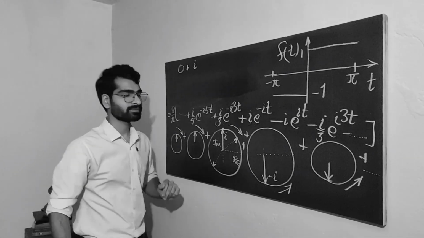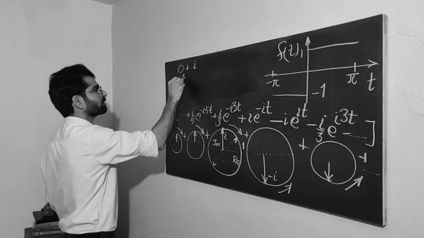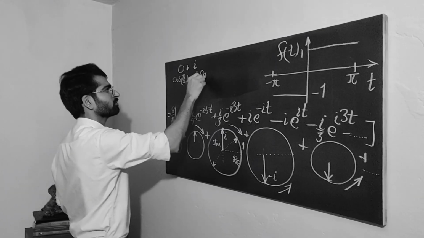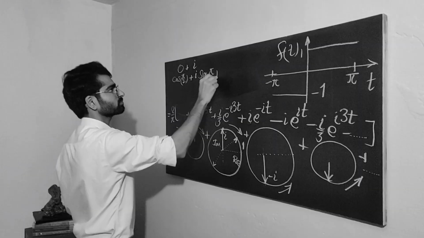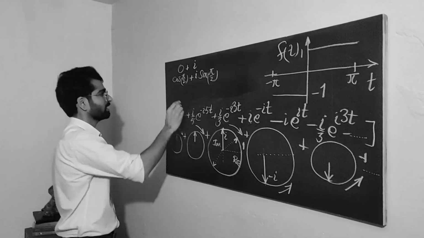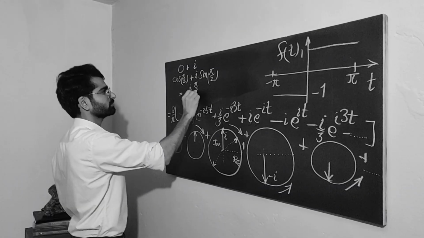Nothing has changed. But now I can write this as cosine of pi over 2, and this one has i times sine of pi over 2. Still the same thing. But now Euler says it has to be e to the i pi over 2.